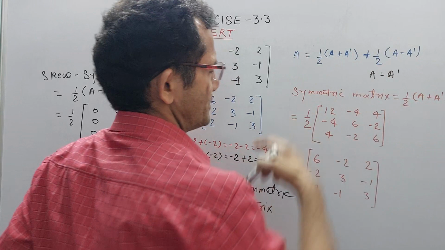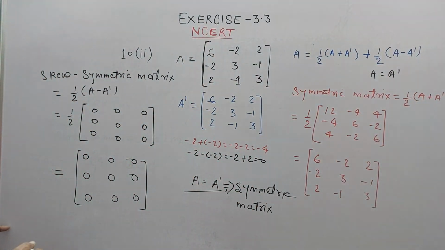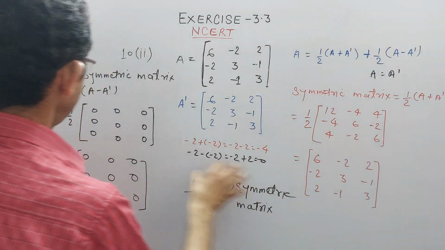That's why this term becomes 0. So now our matrix A will be the sum of these two matrices, this matrix and this matrix.